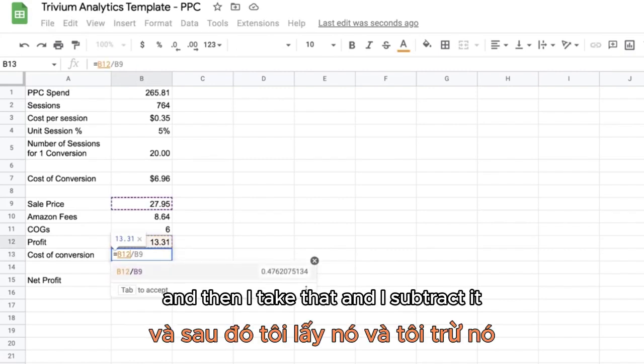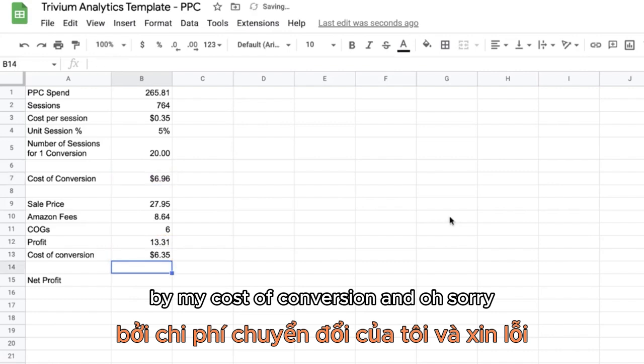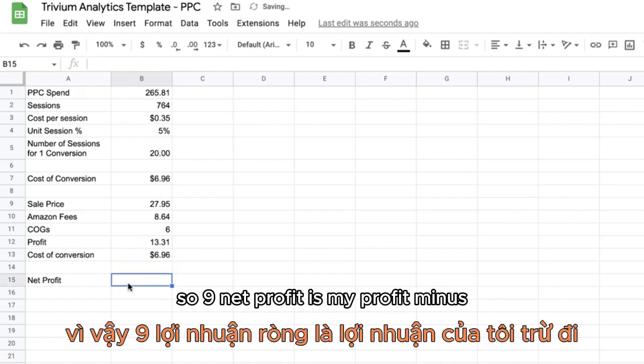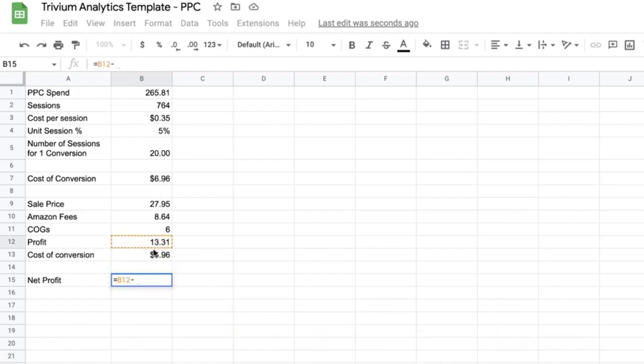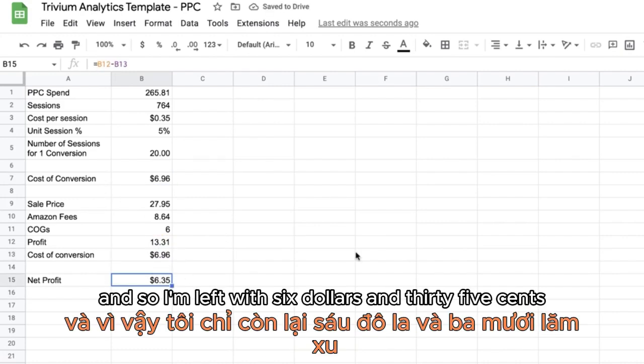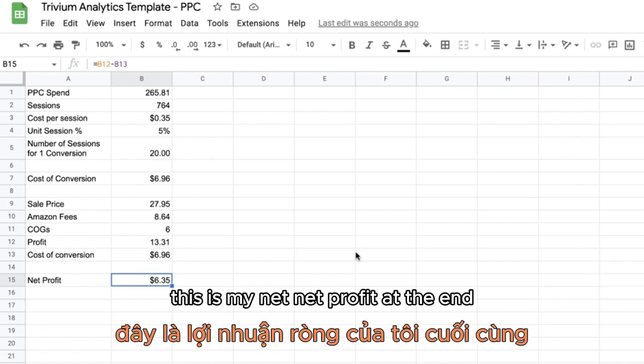And then I take that and I subtract my cost of conversion. Oh, sorry, this equals this cost of conversion. So my net profit is my profit minus my cost of conversion, right? I just made it match this. And so I'm left with $6.35. This is my net profit at the end.